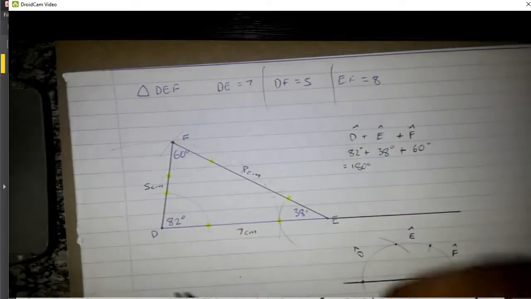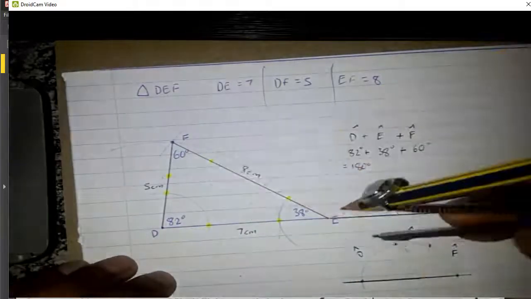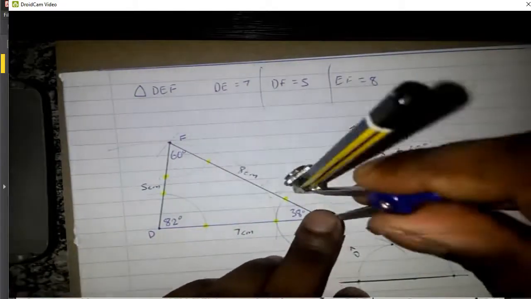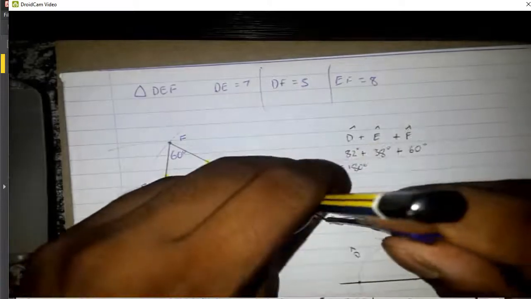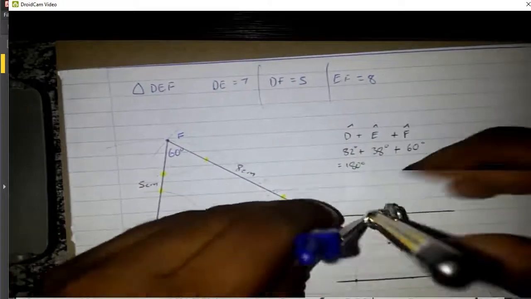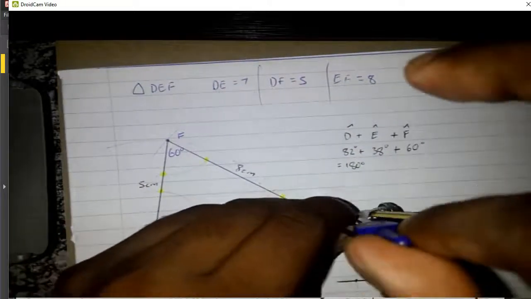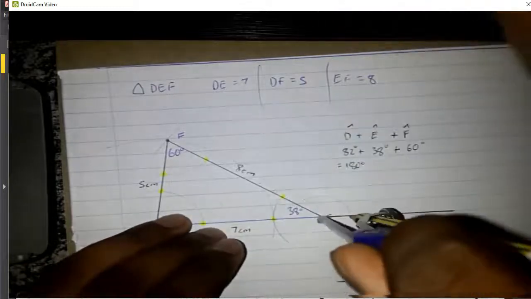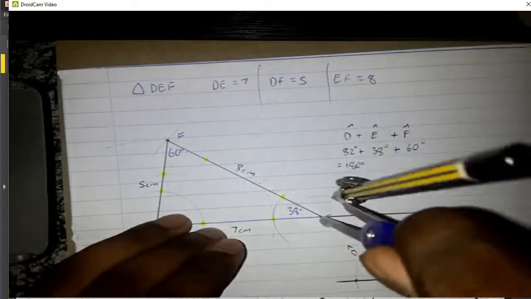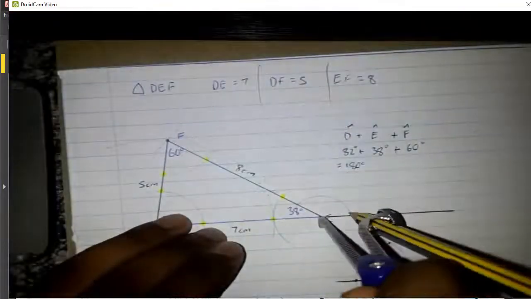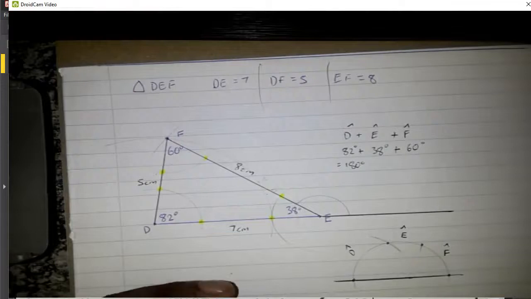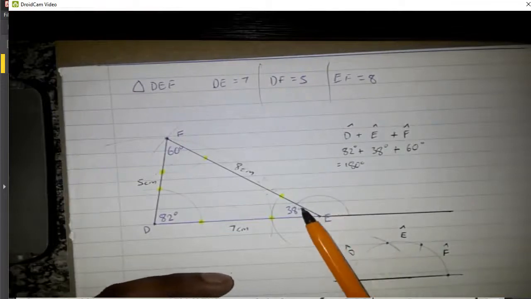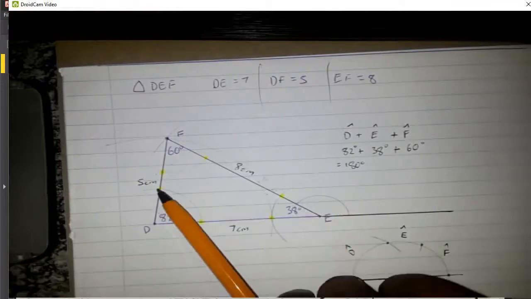So let's get that, right? First of all, let me open a smaller angle there, right? So this should be equal to this plus this.